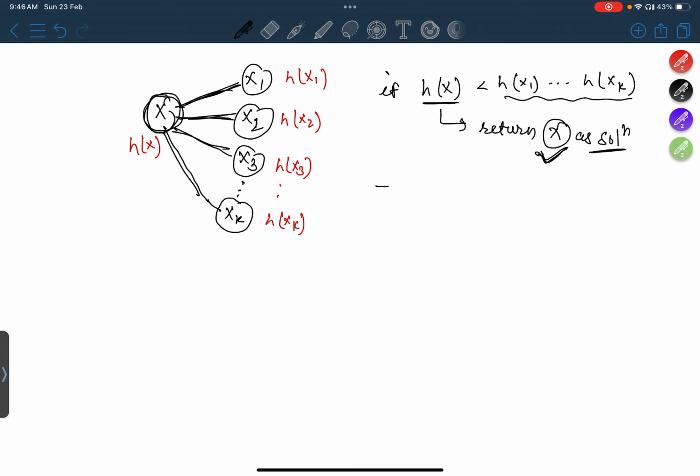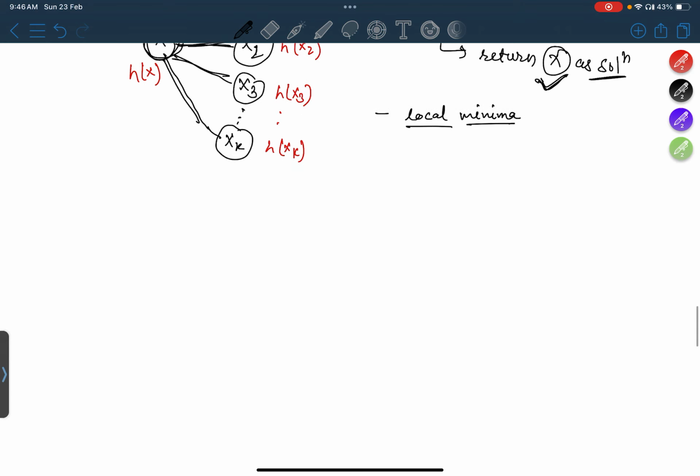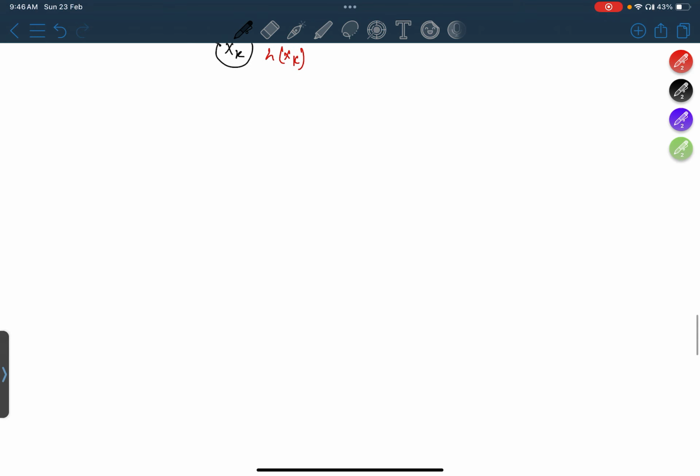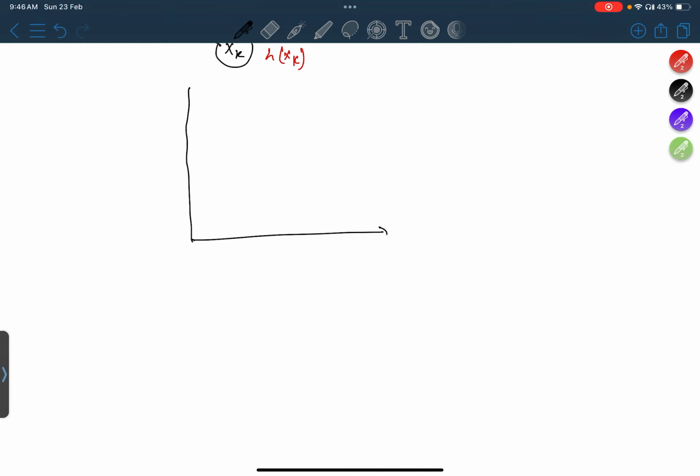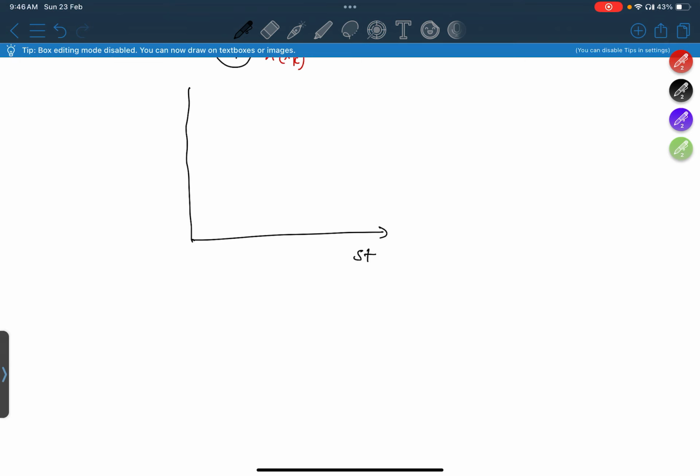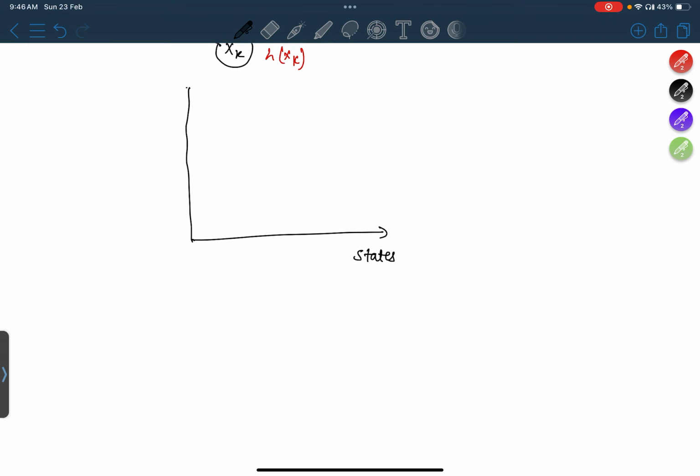This is known as the local minima. It might look something like this, right? Suppose I plot it, here are your states and this is your objective values. So something like this, for example.